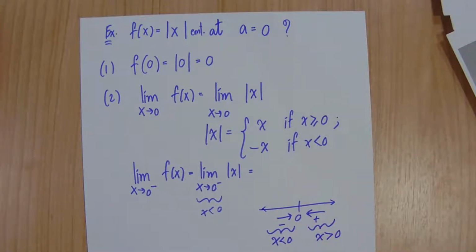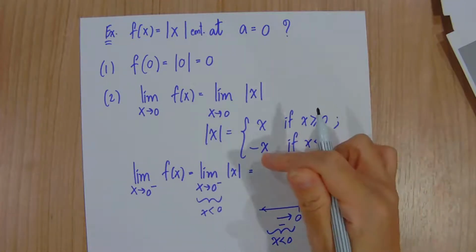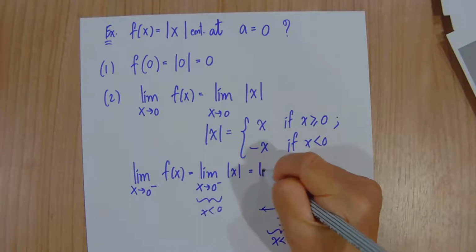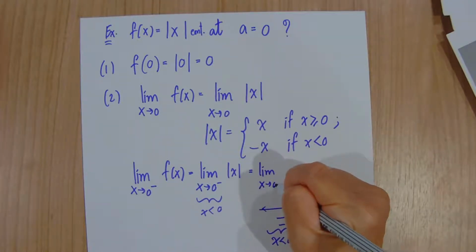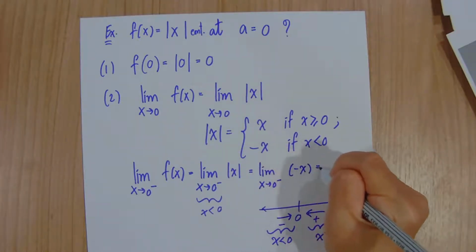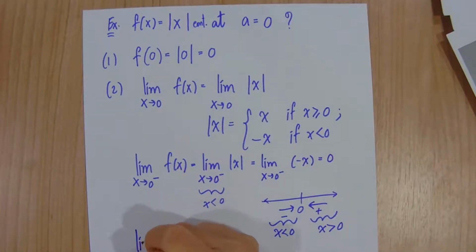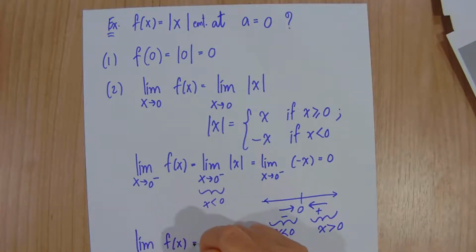So from the left hand side, x less than 0, you choose the below function. So this is the limit of negative x, which equals 0. The same for the limit from the right hand side.